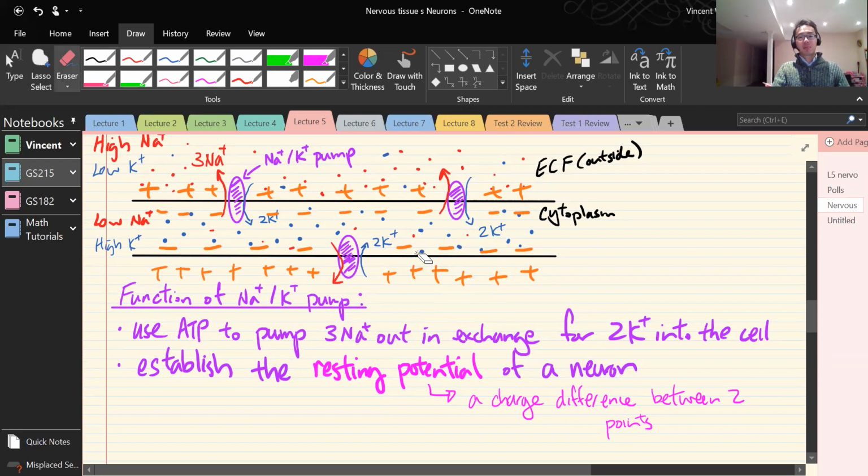Outside small positive, inside small negative. So we call this the potential of a neuron. Right now the neuron is not doing anything. It's not transmitting a signal. It's at rest, so we call it a resting potential. How do we get the resting potential? It's the work of the sodium potassium pump. So it establishes the resting potential of a neuron.